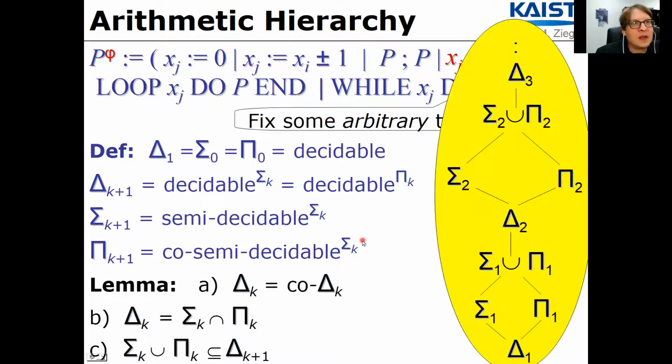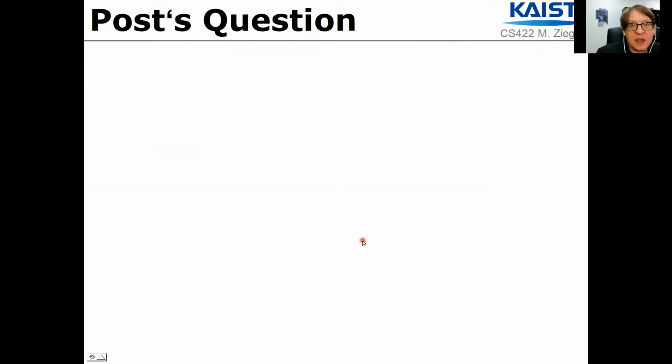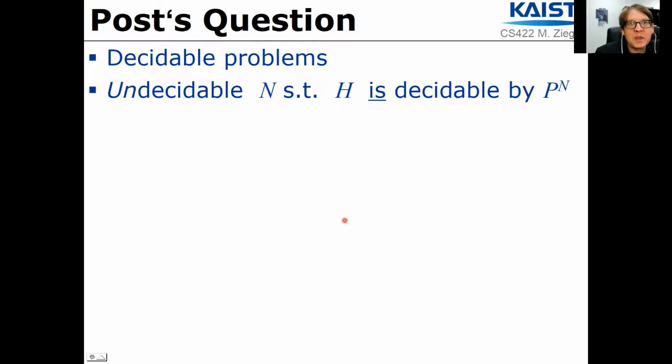And as a next and arguably most advanced topic of chapter 2, computability theory, is Post's problem. So let me first motivate Post's problem. We've just seen with the hierarchy more and more undecidable problems.